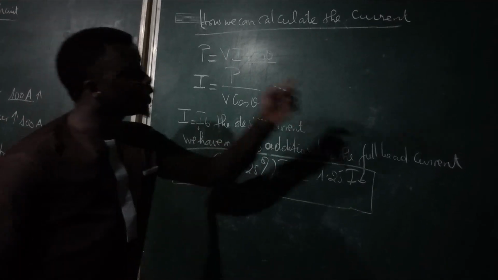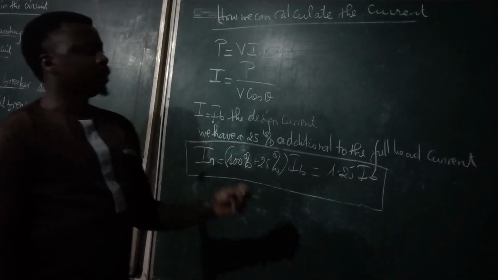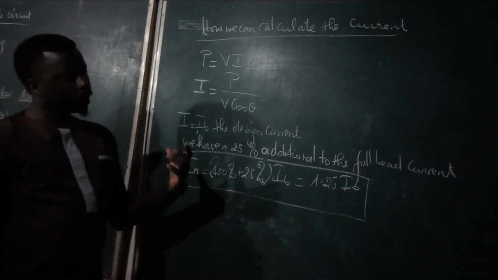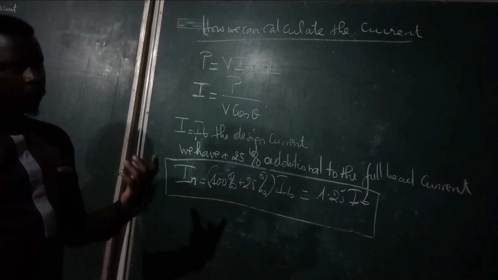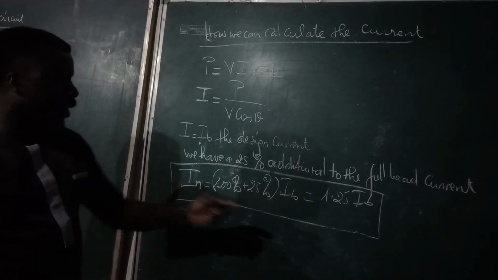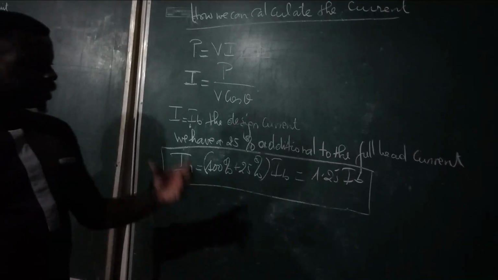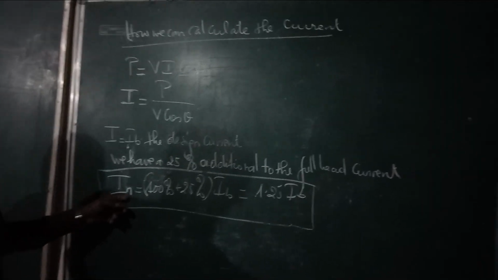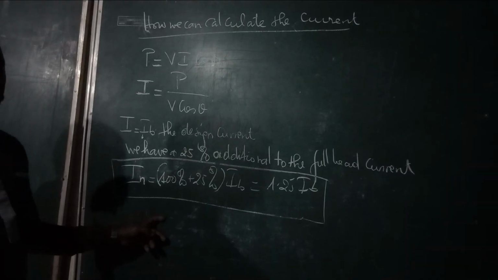So what we need to protect now is the cable, for it to work efficiently, by removing such things which can harm the insulation of the cable. So let's look at how to get the current carrying capacity of the cable, so that when this breaker breaks the circuit, the cable will no longer block.